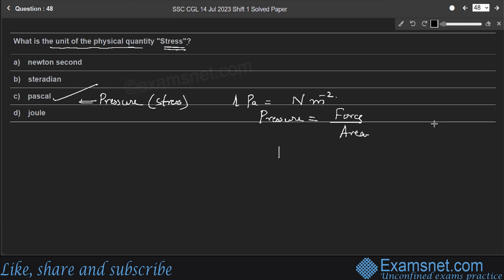Therefore, for 1 Pascal, the SI unit of force is Newton and the SI unit of area is meter square. Therefore, 1 Pascal is equal to 1 Newton per meter square, right? Therefore, the SI unit of stress or pressure, both are the same, is Pascal. Whereas the remaining options, Newton second, is not a standard unit of measure in physics.